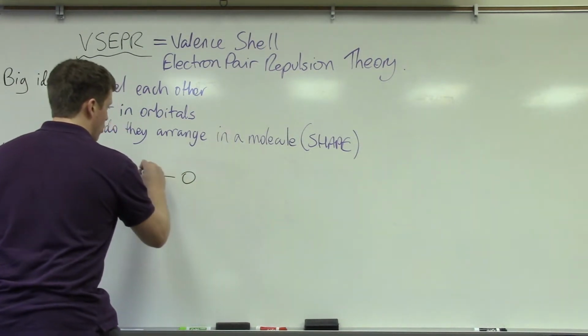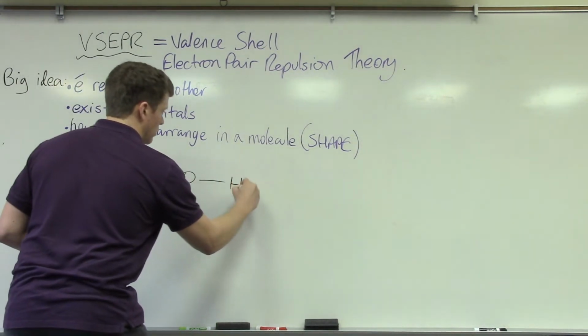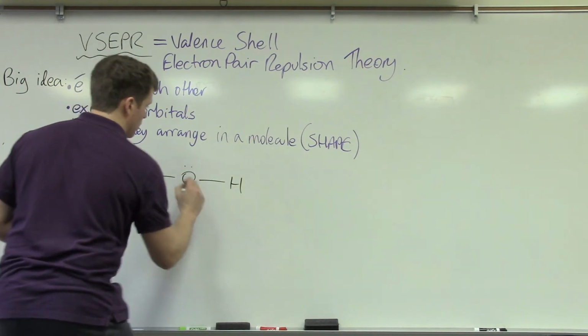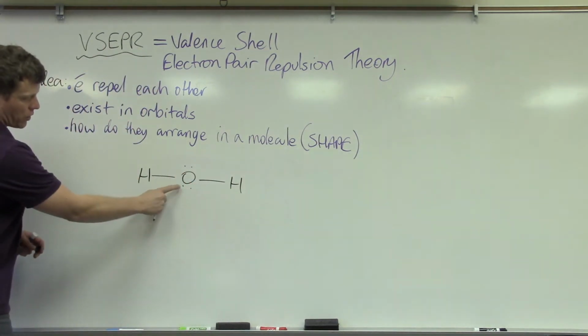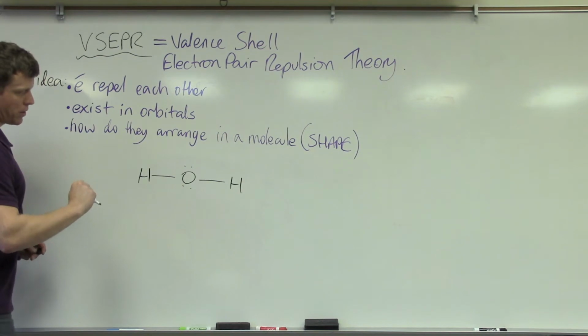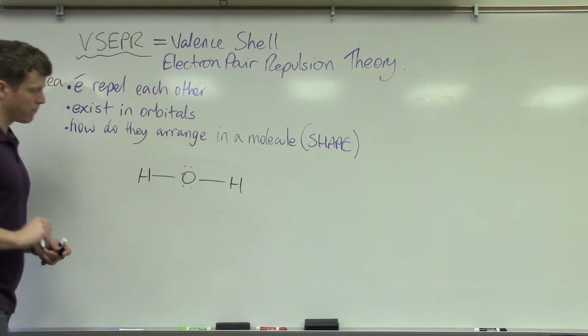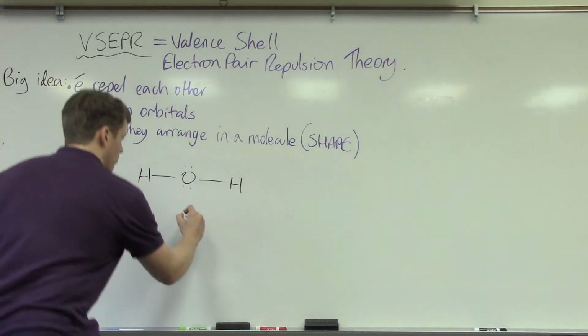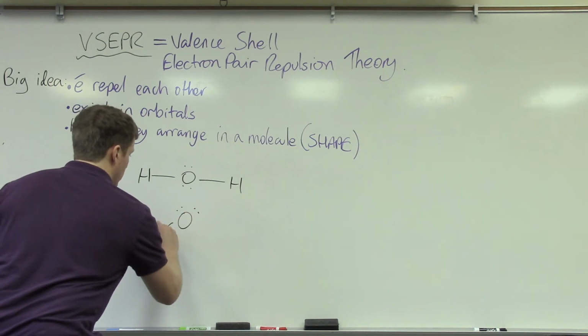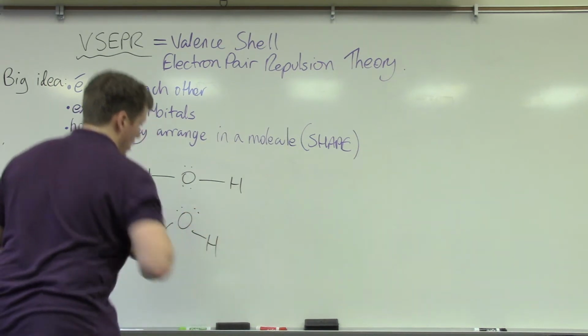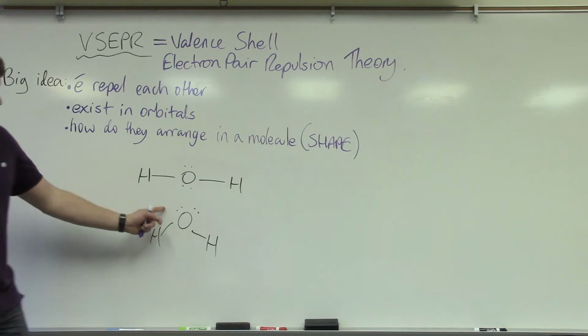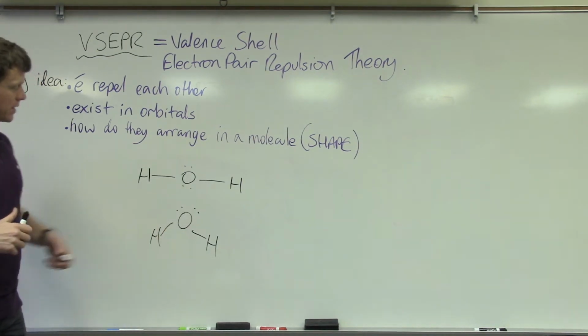One way to draw the water molecule is this way. We've got two lone pairs of electrons that aren't bonded to anything, and then these two bonded pairs. That would be one way. The other way would be like this. The lone pairs are together this time, and the bonded pairs are together.